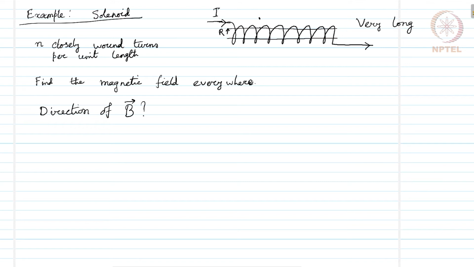But if we consider the current here, that is along phi cap, and this way there would be some radial component, but that radial component will be exactly cancelled out by some contribution from here, in exactly the opposite direction. That way no radial component survives for an infinitely long solenoid. Had it been finite, there would have been some radial component.